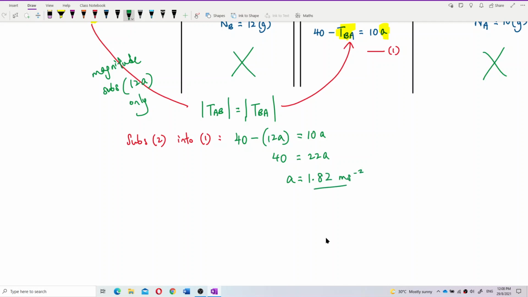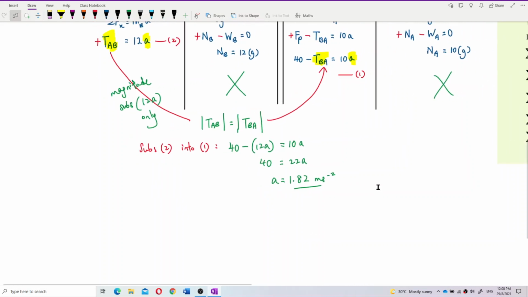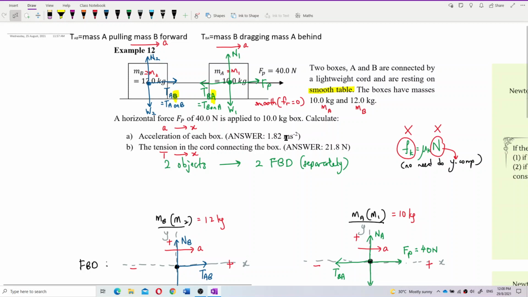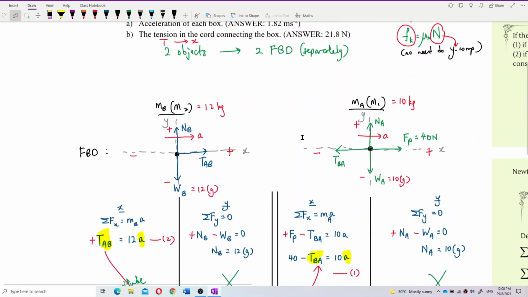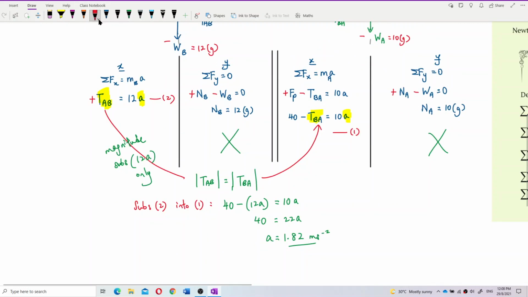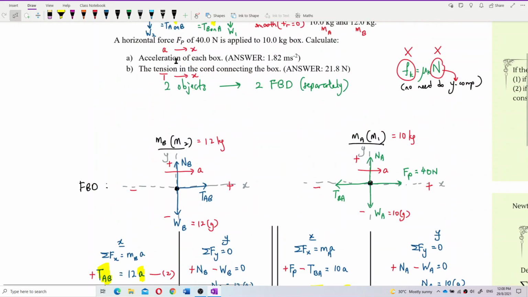That's the answer, and it is correct. Good. That's for question A.